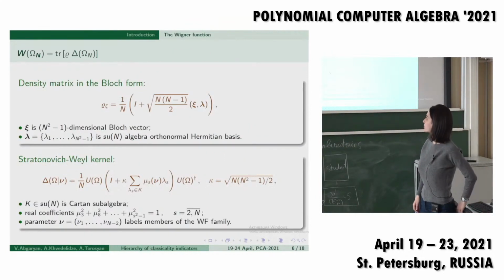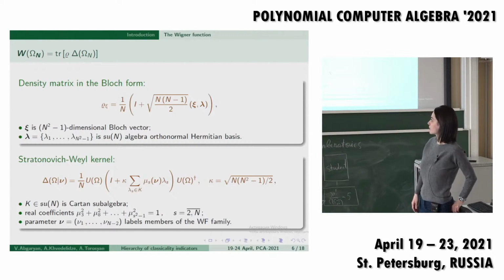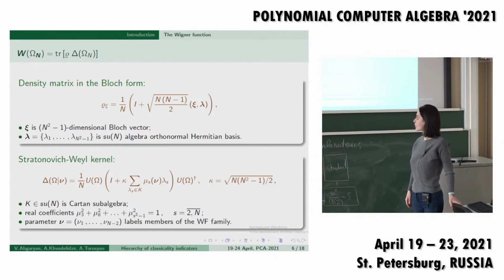The Wigner function is a trace of the product of the density matrix and the Stratonovich-Weyl kernel. They are presented here in the so-called block form, where psi is an n squared minus one dimensional block vector.